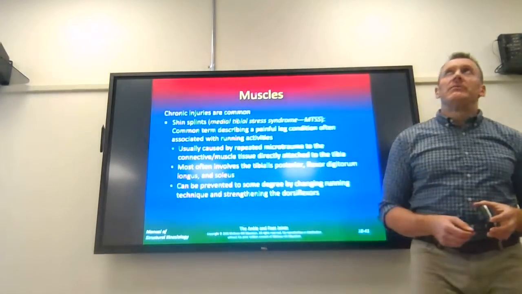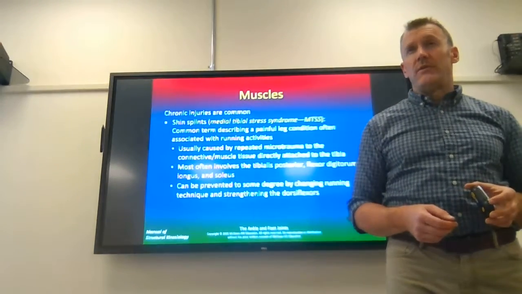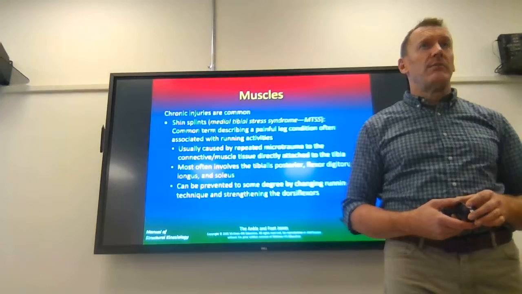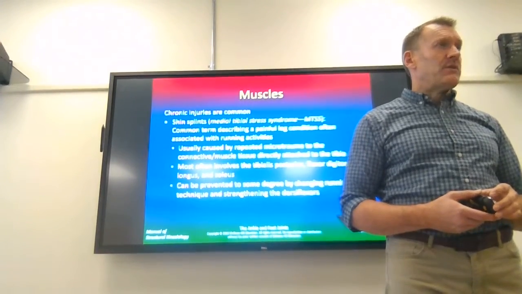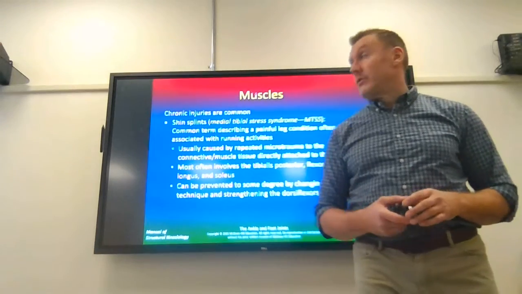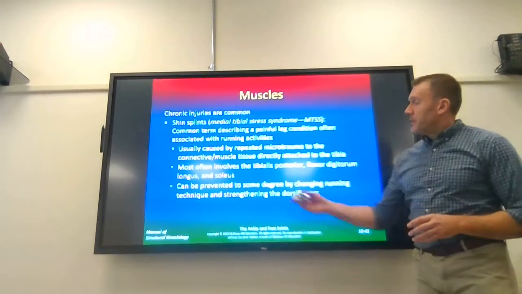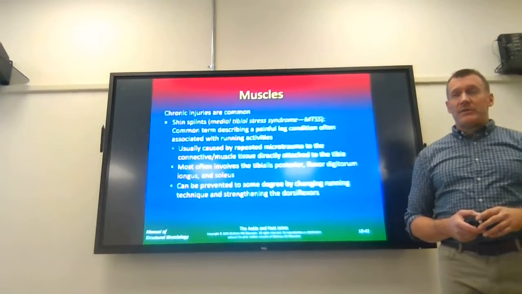One of the most important things is progressing your volume. If you're a distance runner, progress your volume slowly to allow the bones and muscles to adapt to the stress and be strengthened slowly over time. Sometimes strengthening the dorsiflexors also helps.